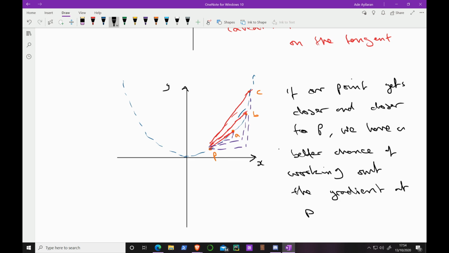The line PC is not a tangent. It's just a straight line that happens to cut through P. If we try and find the gradient of this line, we will be far away from the true gradient at P. Do you agree?